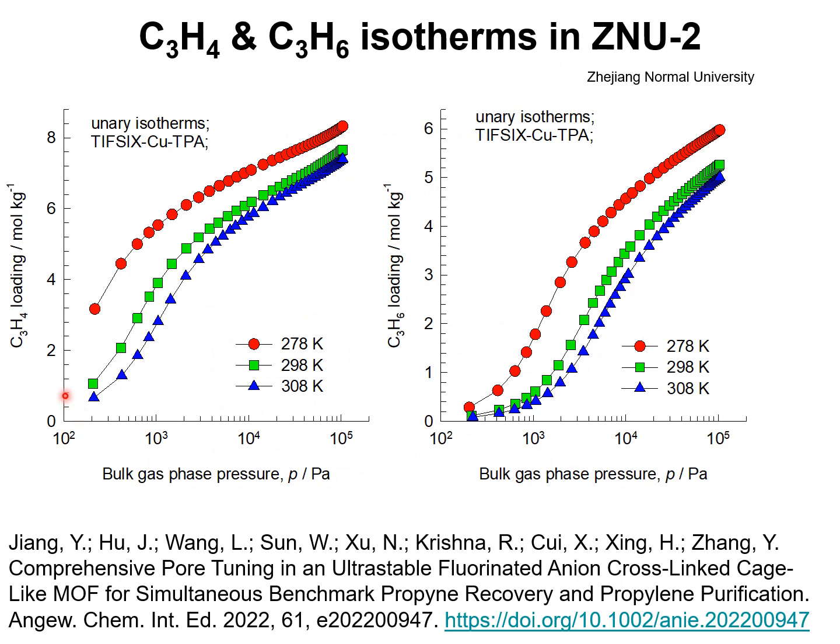Let's examine the experimental data for the unitary isotherms for propine and propene in ZnU2. ZnU2 is TIF6 copper TPA, and the experimental data are taken from this publication.